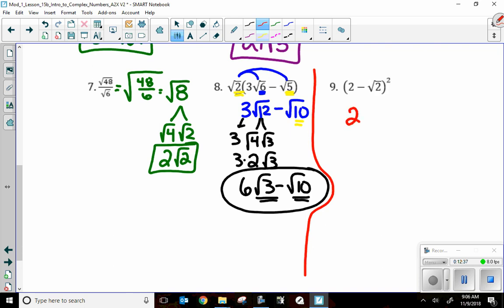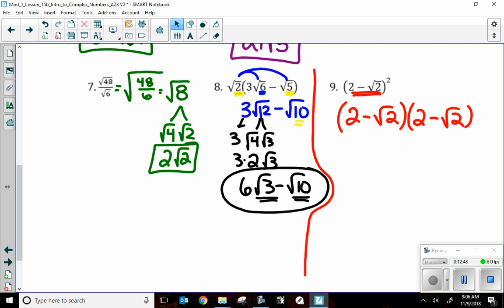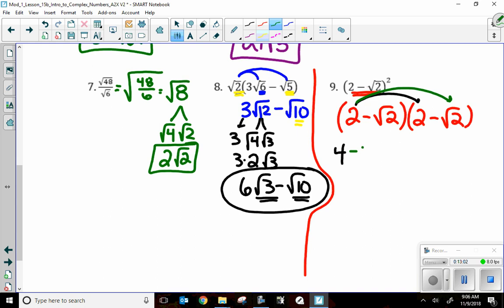So it's 2 minus radical 2 times 2 minus radical 2. I am taking this and multiplying it by itself, which means we are foiling. 2 times 2, that's 4. 2 times a negative radical 2, well, a positive times a negative is negative, and 2 times radical 2 is just 2 radical 2.